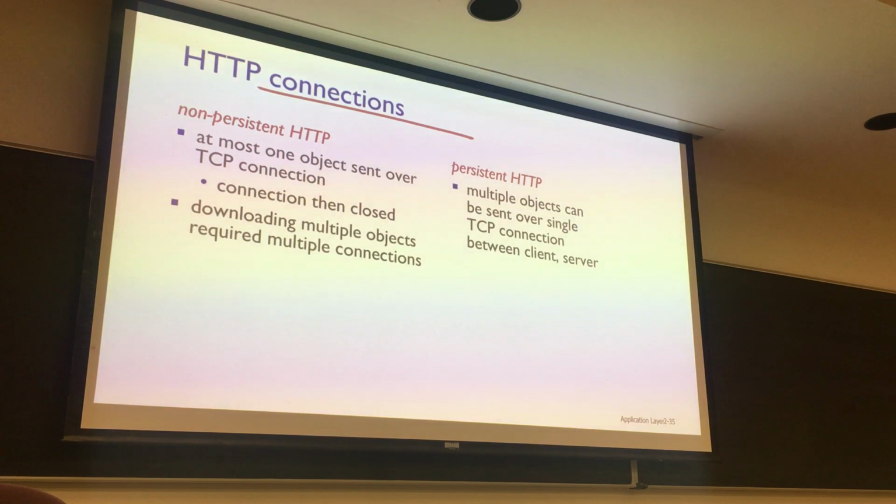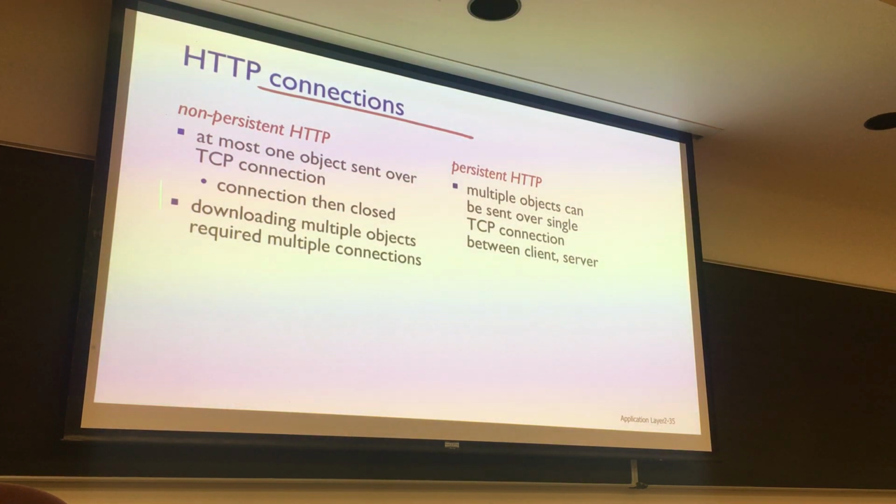There are two types of HTTP connection. One is called non-persistent. That means you open an HTTP connection and you request one file. And after that file is transmitted, you close that connection. Alternatively, you can create a persistent HTTP connection. That means you can use the same TCP connection and receive many files that are referenced in an HTML file.